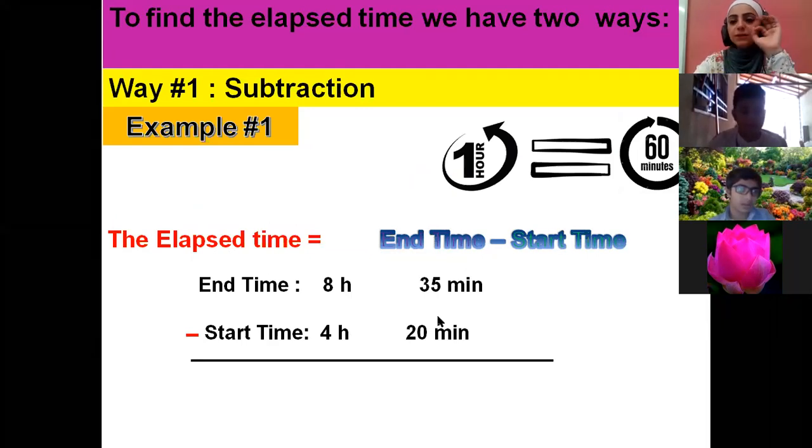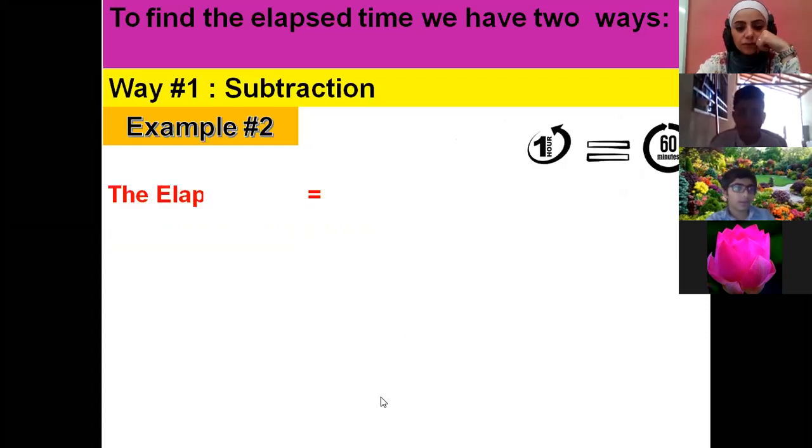And remember, Diamond, you start subtracting the hours, not the minutes. Okay? So sometimes you can do the same thing, like here, 35 minus 20, 5 minus 0 is 5, 3 minus 2 is 1, so 15 minutes left. 8 minus 4 is 4 hours, so this is the elapsed time.